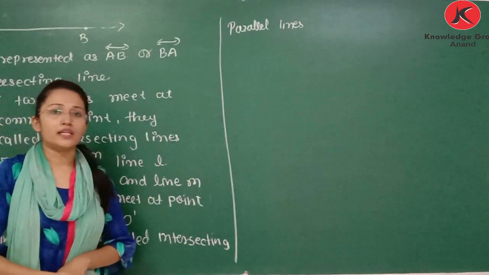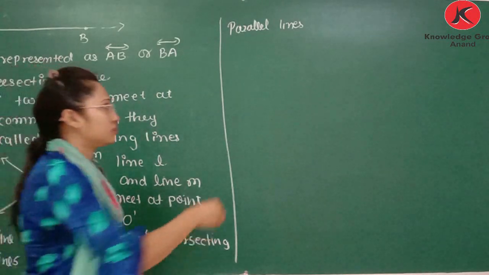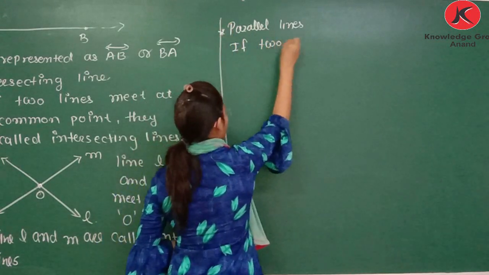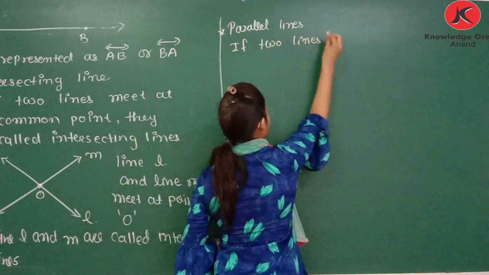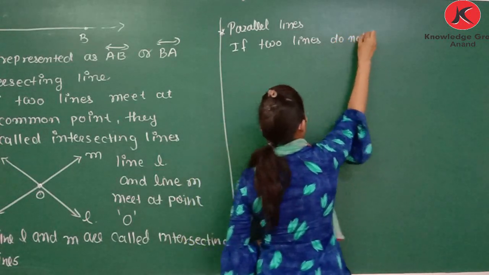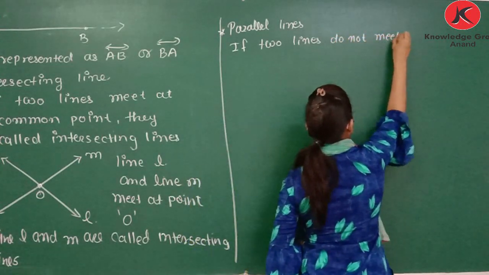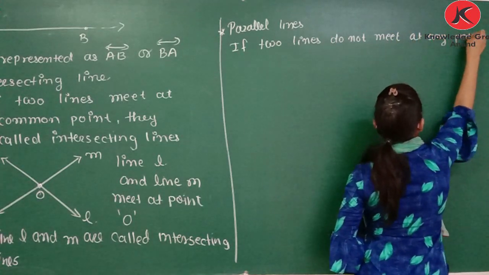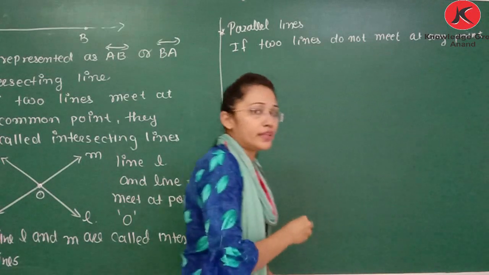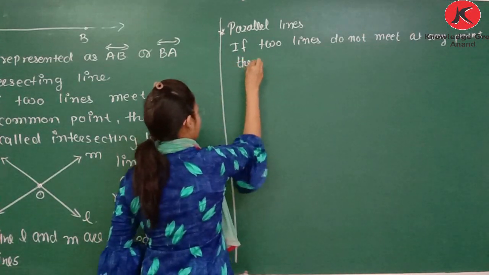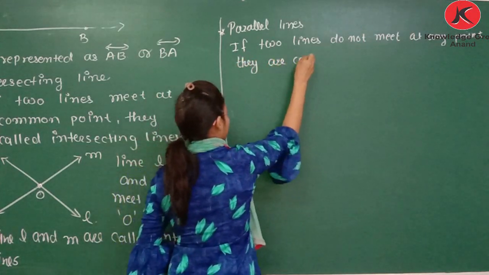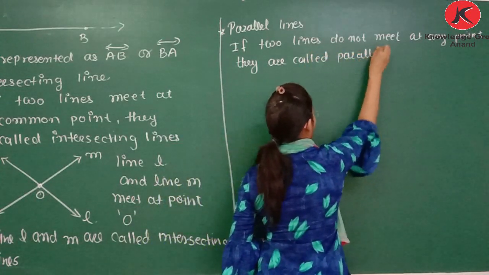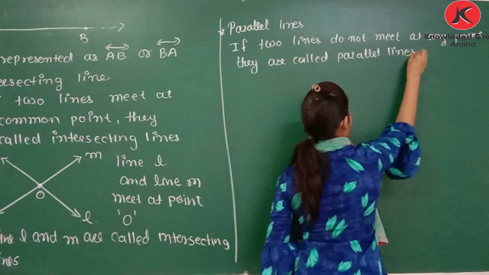If two lines do not meet at any point, then they are called parallel lines.